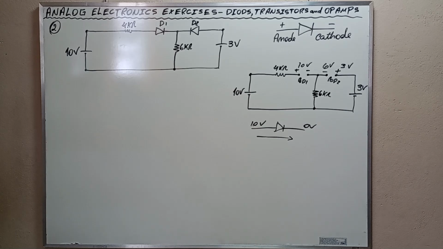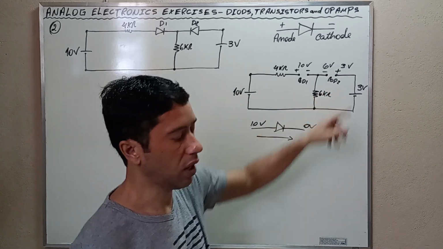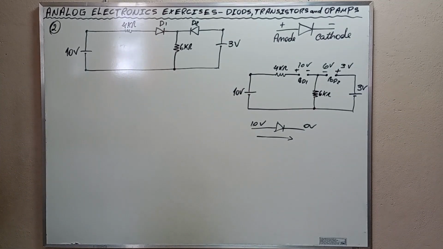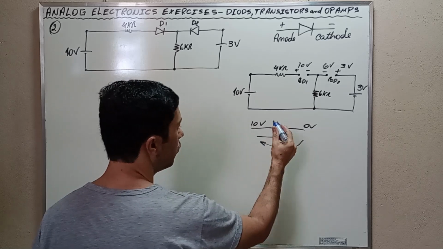Back then in exercise 1, we discovered that when D1 is on, the voltage across the 6 kilo ohms resistor is 6 volts, causing its cathode to be higher in potential than its anode by 3 volts. When D1 is on, D2 has to be off, because the voltage is negative. This is D1.